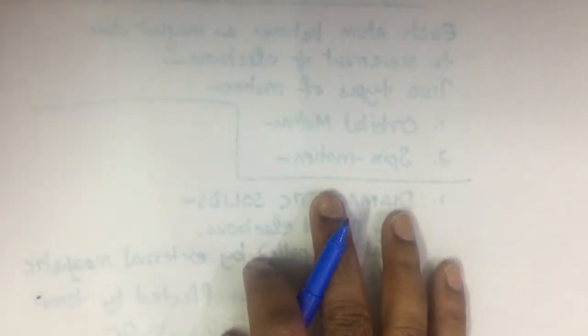Now, the second type of solids are paramagnetic.